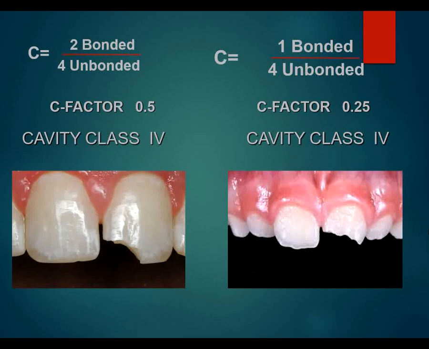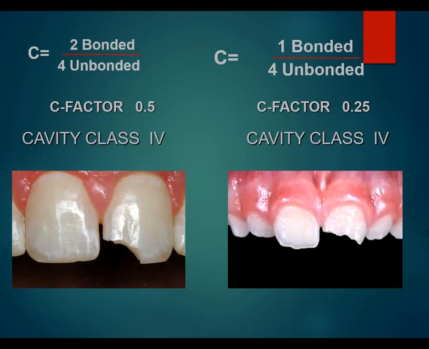Cavity class 4 has a minimum C factor, which could be 0.5 if two bonded surfaces are 2 and unbonded surfaces are 4.